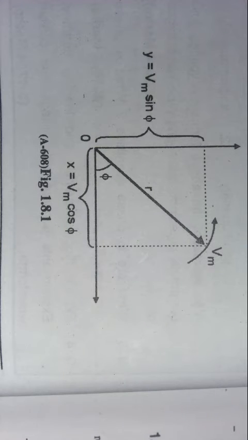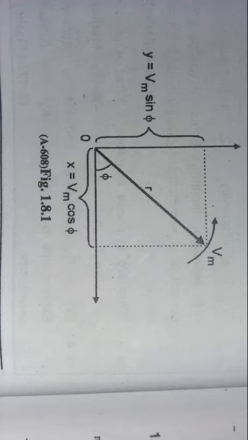Now consider the following phasor. In this phasor diagram, a voltage Vm makes an angle phi with the x-axis.